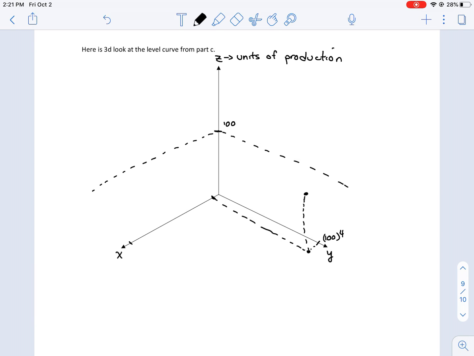And we can do the same thing over here. Here is 40. Here is 1562.5. And the level curve is going to look like this.